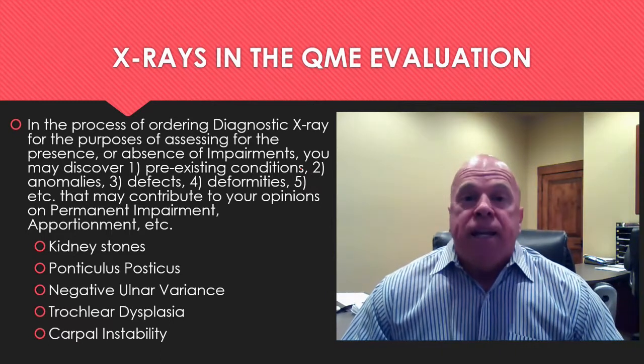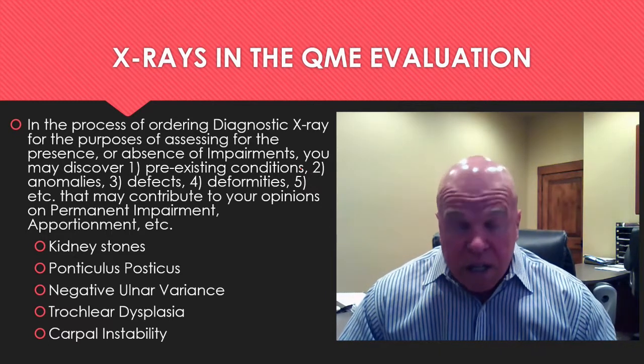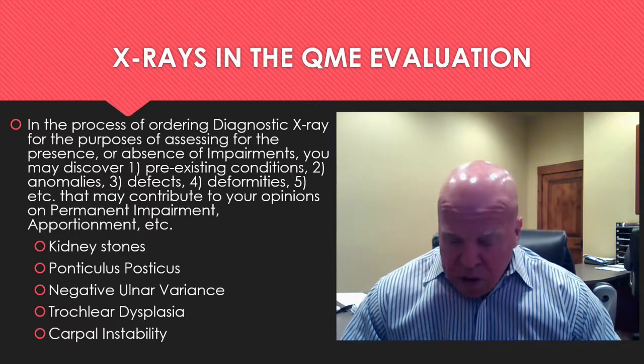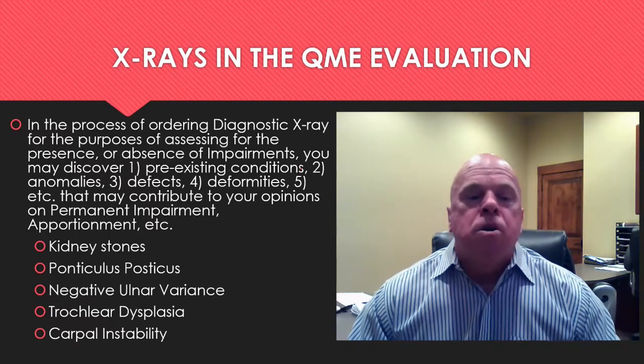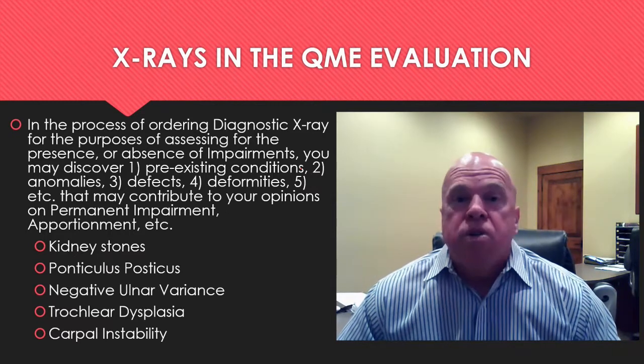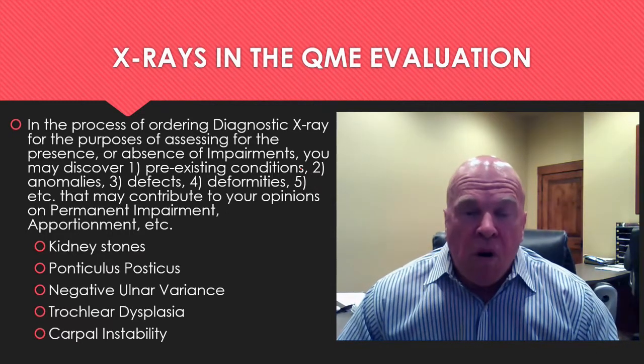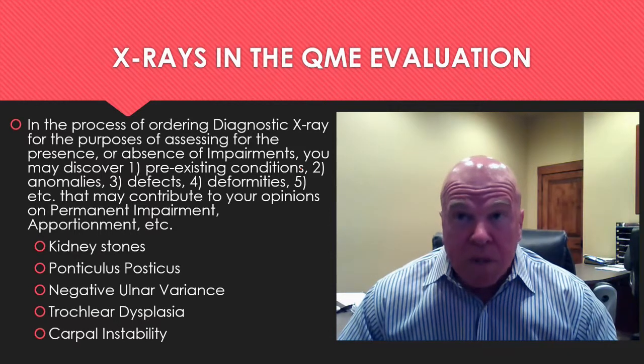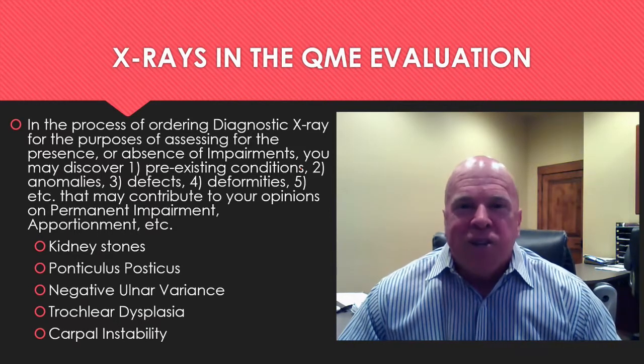Okay? And in this program, I'm going to share with you several conditions, including kidney stones. I have a case that involved kidney stones that showed up serendipitously on the X-ray studies.